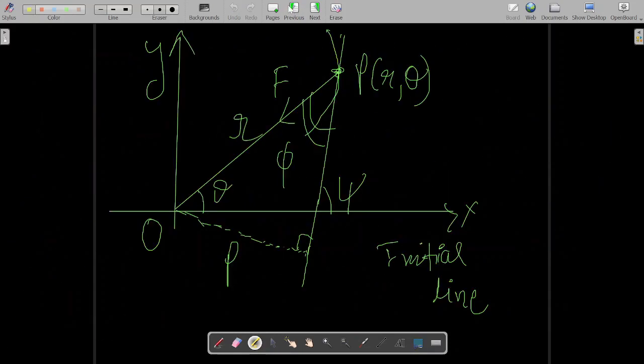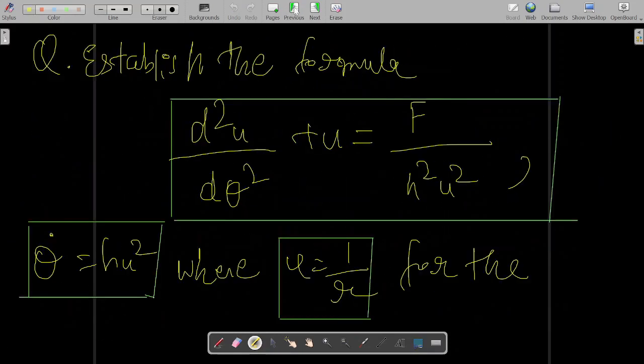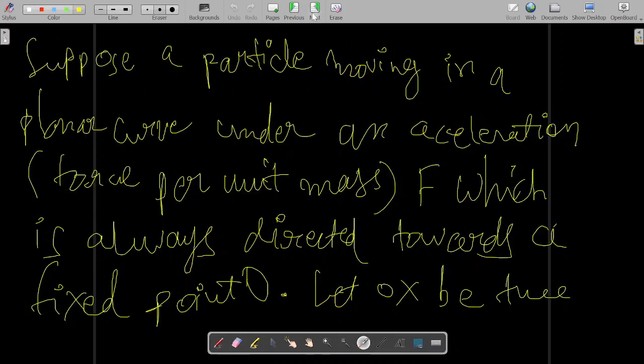But in the question there is differentiation with respect to theta. You can see over here, in the question there is differentiation with respect to theta. So we have to eliminate t.